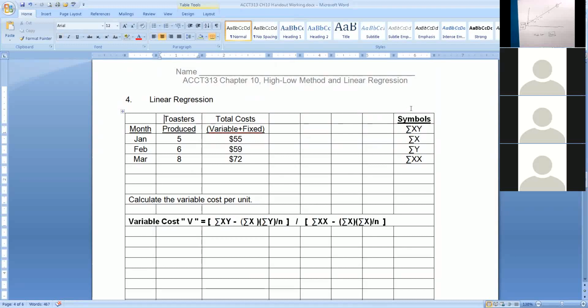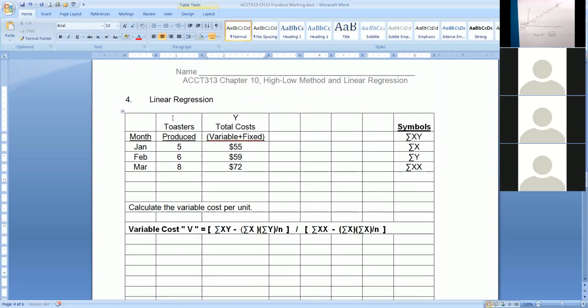For business, it's usually not too bad because the total cost will always be the y's. Everything else will be the x's. So this will be x, and that'll be the y.